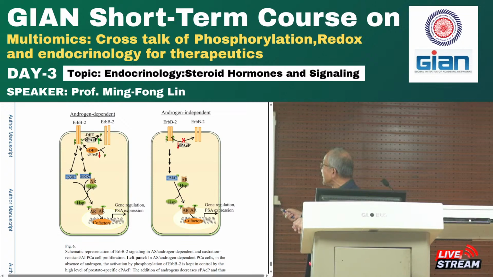But in the androgen independent cell, the phosphatase actually decreases. We showed the data, the C81 cell, the androgen independent cell, the phosphatase decreases. ERB2 phosphorylation actually goes up, right? So at tyrosine 1221 and 1222. Those are two tyrosines adjacent to each other.